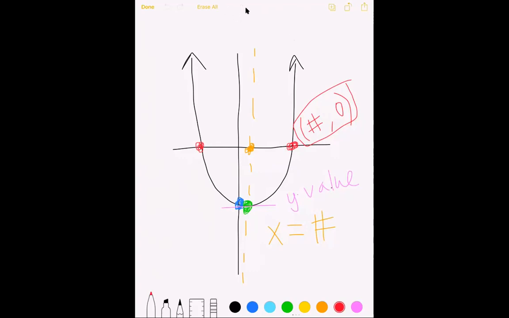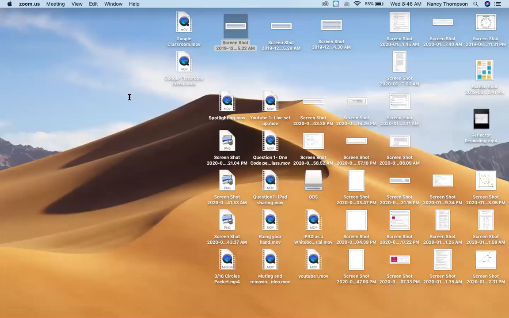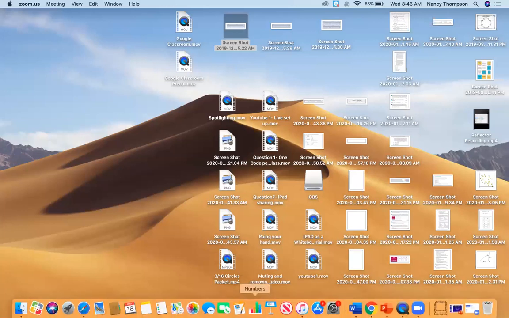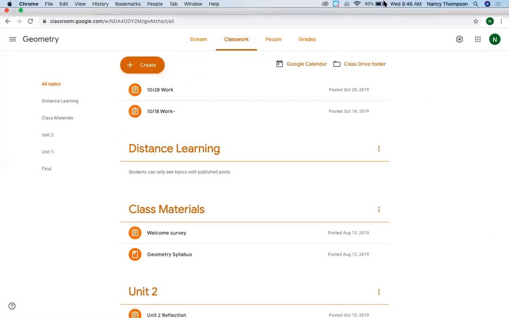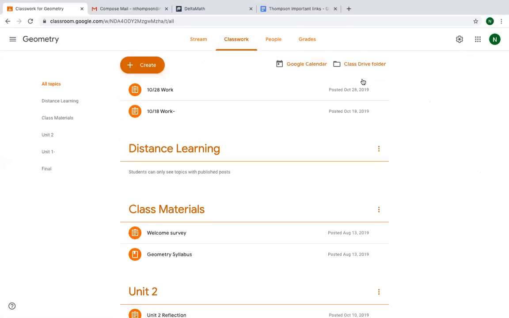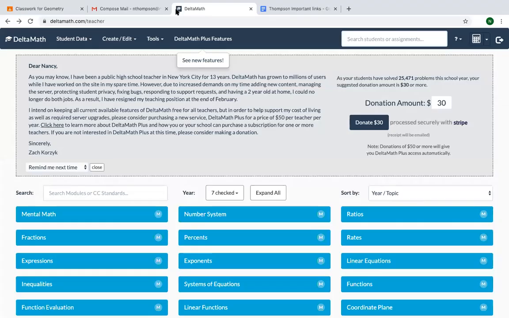Okay, so Najee, I'm going to switch my sharing screen to my desktop for a little while, and then I'm going to double check so that I know what you're talking about. Okay, so on Delta Math, you have view assignments.